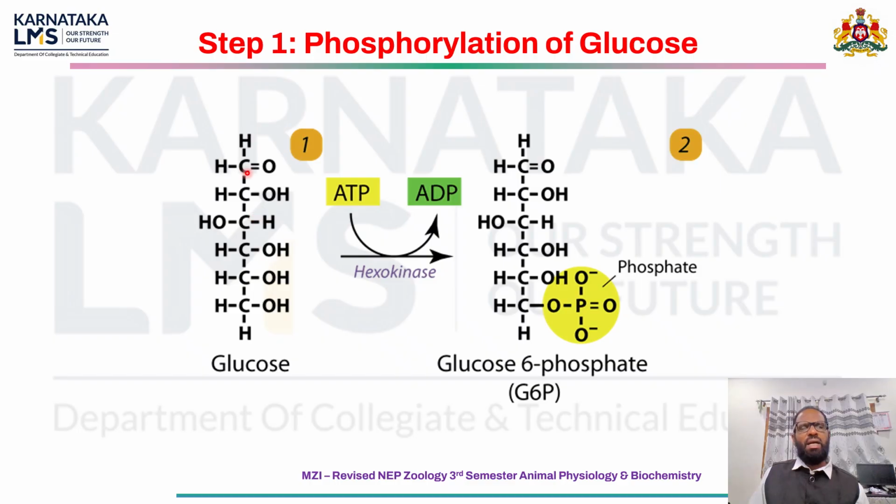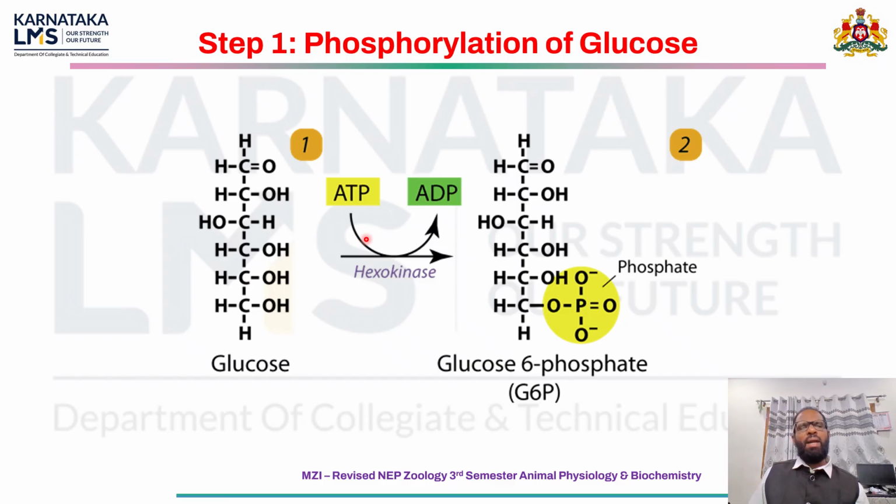Here you can see a glucose molecule. This is carbon number 1, carbon number 2, carbon number 3, carbon number 4, carbon number 5, carbon number 6. The phosphoryl group is going to be taken from ATP. You might know that there are 3 phosphoryl groups present: the alpha, beta, and gamma phosphoryl groups.